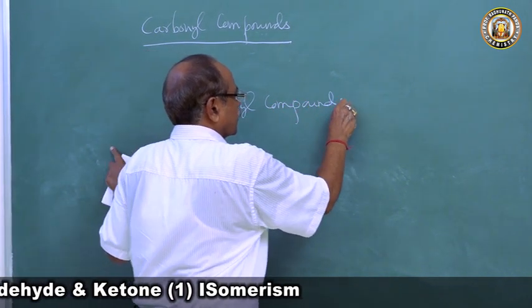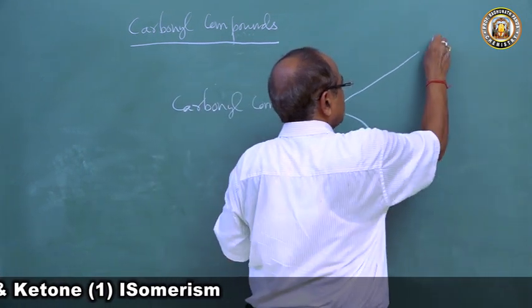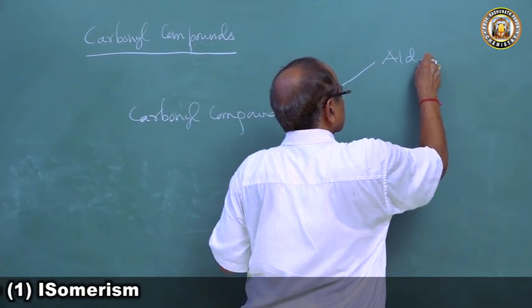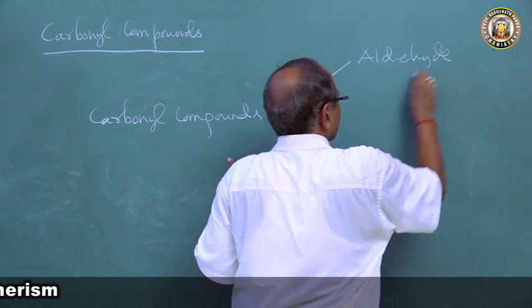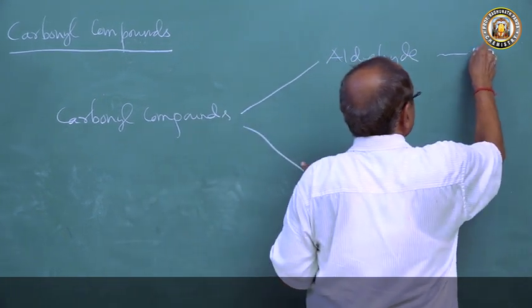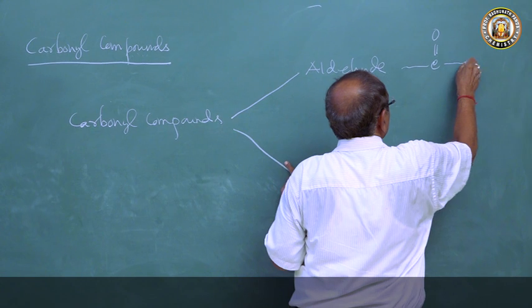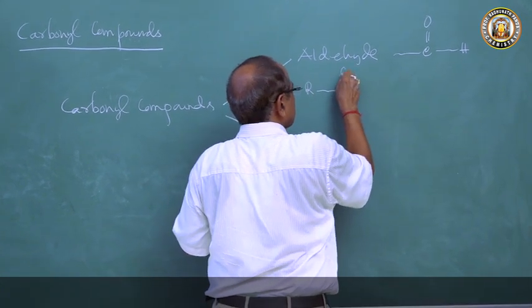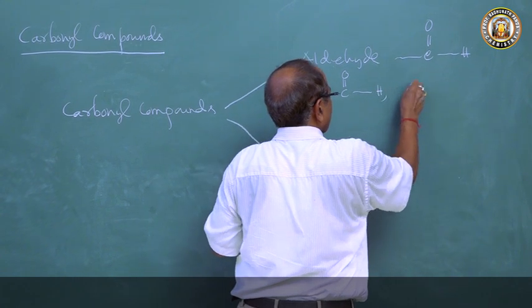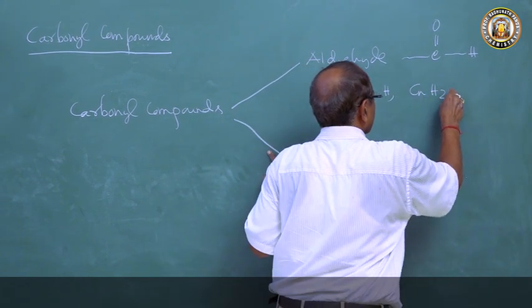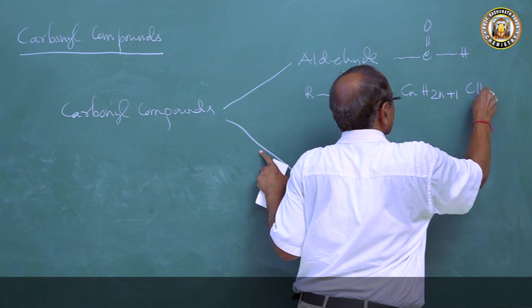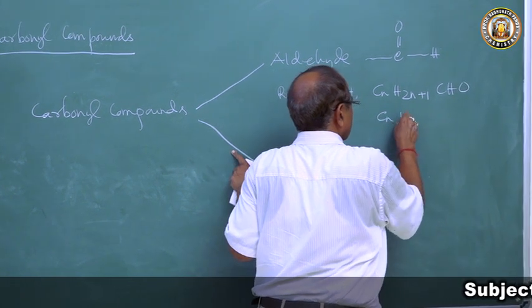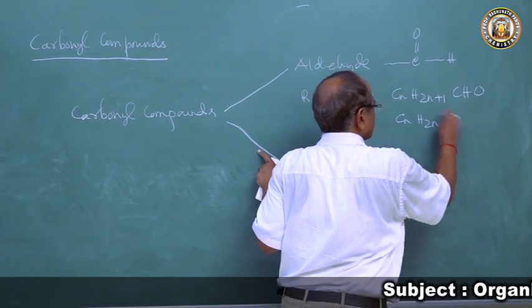Carbonyl compounds are of two types. There may be aldehyde, where the functional group is COH, and the general formula is RCOH, or CnH2n+1 CHO, or CnH2nO.